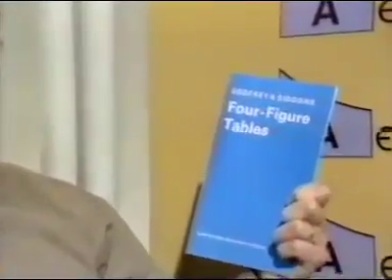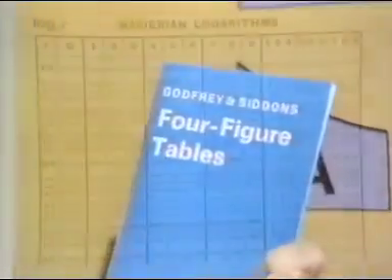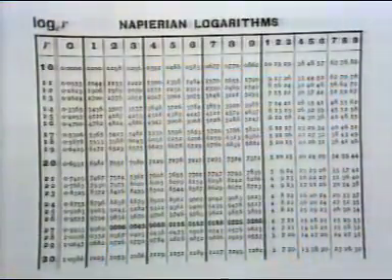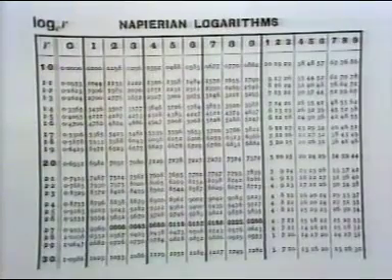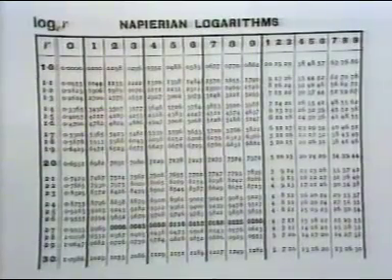But if you look into any standard book of tables, you'll find that there's another table of logarithms, logarithms to the base e. Now, e is that number that we asked you to calculate earlier on in the block. Its value is about 2.72. Logarithms to the base e are called Neperian logarithms.